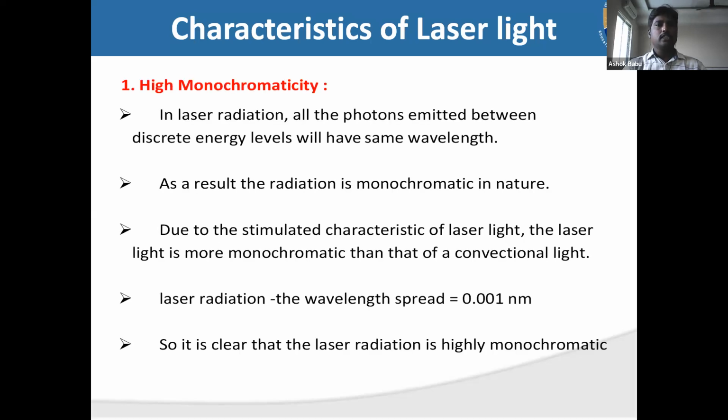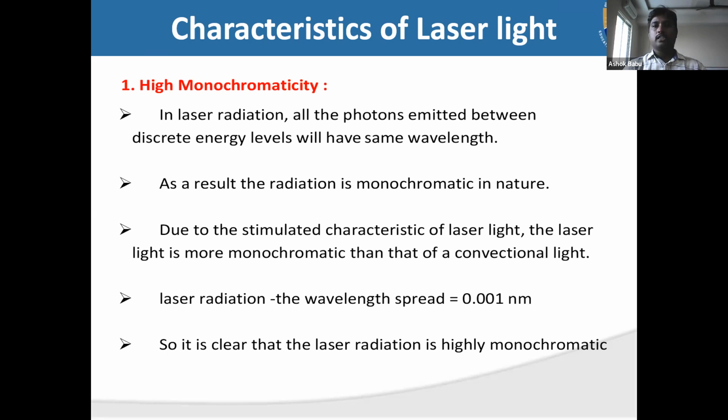In laser radiation, all the photons emitted between the discrete energy levels have the same wavelength. The photons in the laser beam already have coherence. Coherence means that when two waves are in phase, we call them coherent waves.